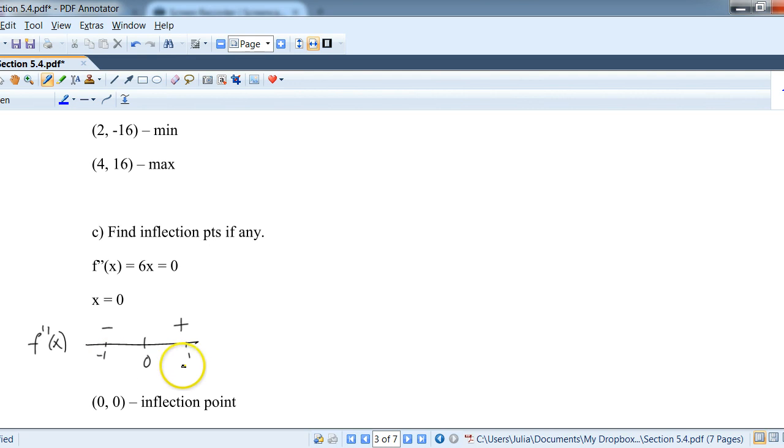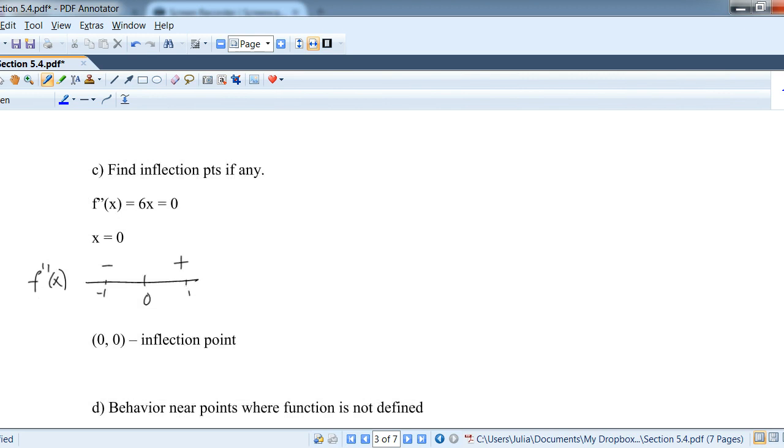We can plug negative 1 and 1 into the second derivative. Negative 1 plugged into 6x will get negative. And if we plug in positive 1, we'll get positive 6. So the concavity does switch from negative to positive. And so (0, 0) is not only the y-intercept and x-intercept, but it's also an inflection point.